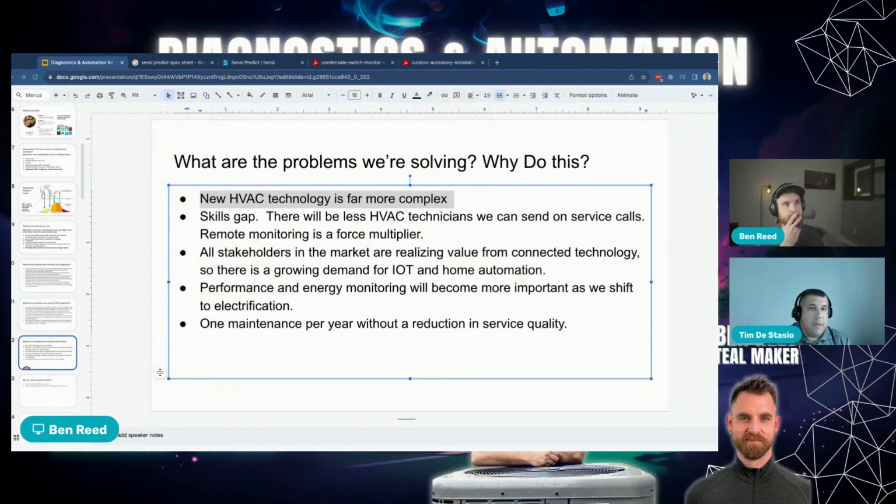We are not going to have the percentage of experienced technicians going out on jobs that we had decades ago, and we're going to have to put butts in trucks. So what are some of the things that we can send less experienced people out there to do, and reserve the few more experienced people that we have for tasks that we really need them to do.